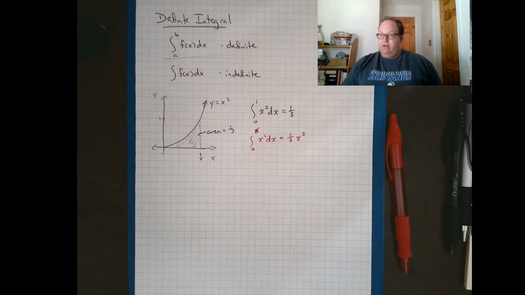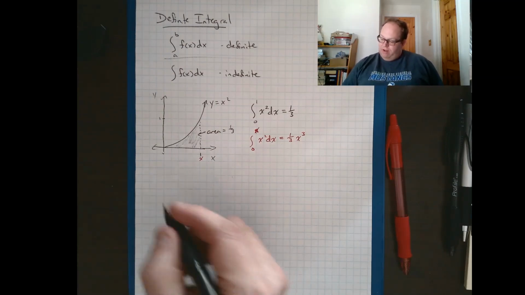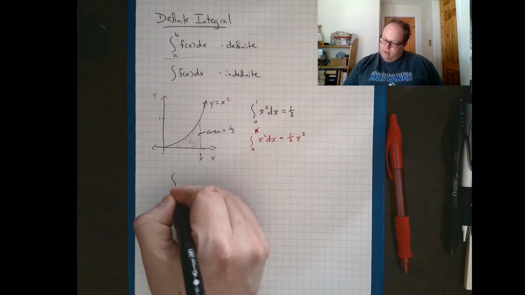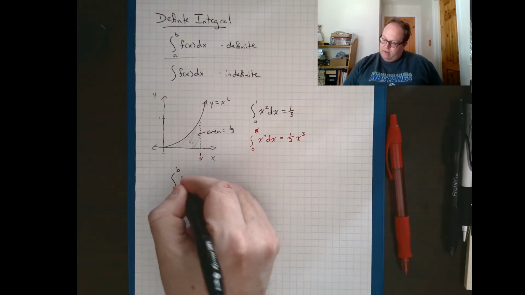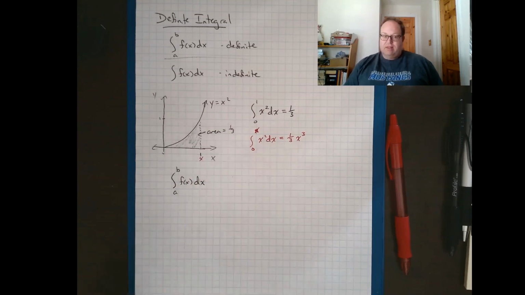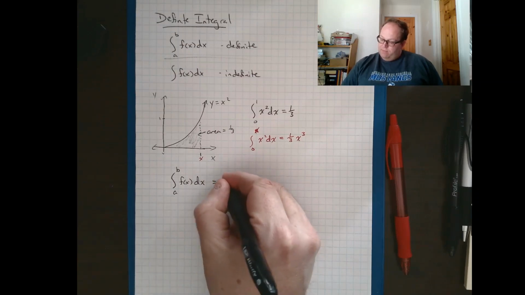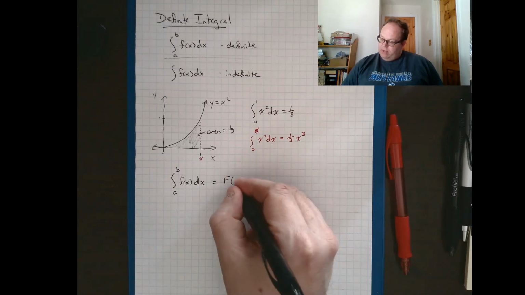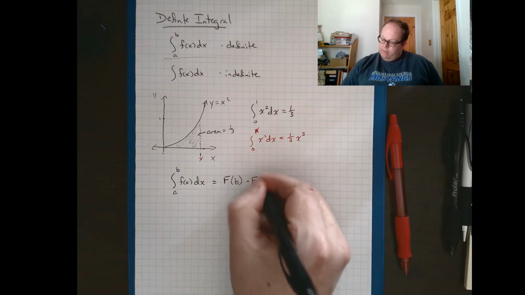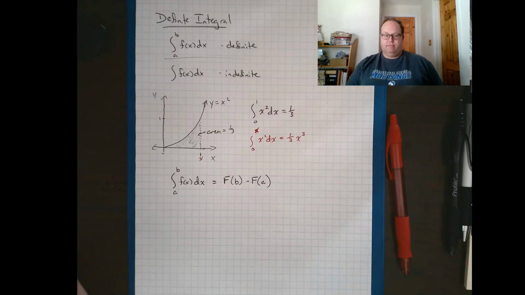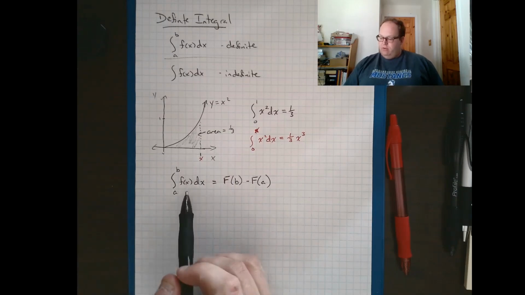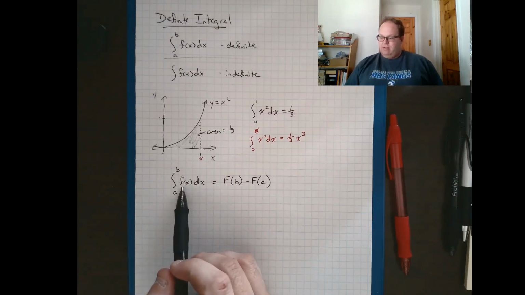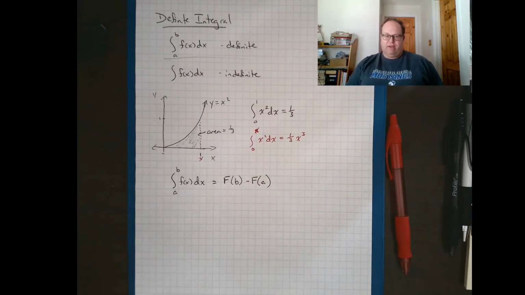What I'm introducing here is something sometimes referred to as the fundamental rule of calculus, and that is the following. The integral from a to b of f of x dx, assuming that f of x is continuous on the interval, ends up being the antiderivative evaluated between b and a. From our earlier notation, you'll note that for a function lowercase f of x, its antiderivative is given by capital F of x.